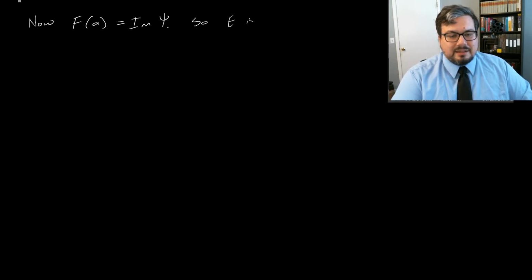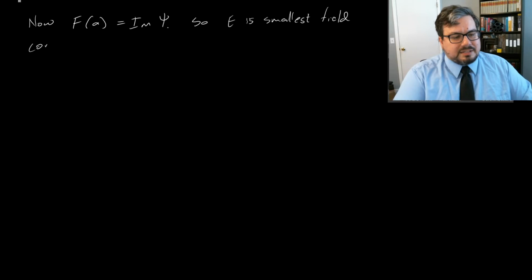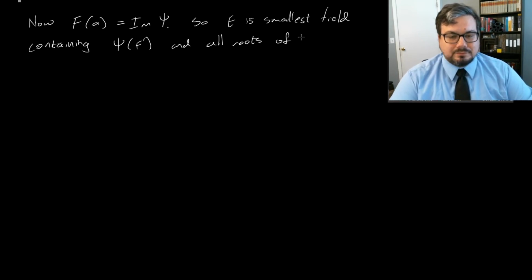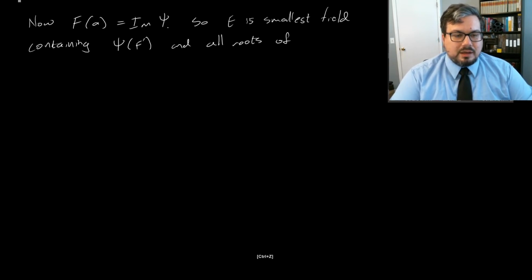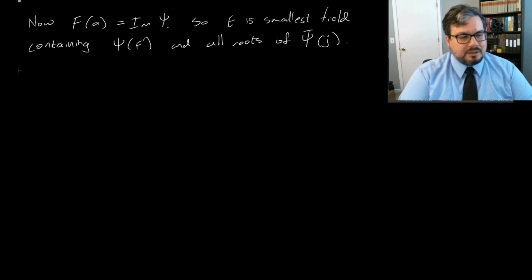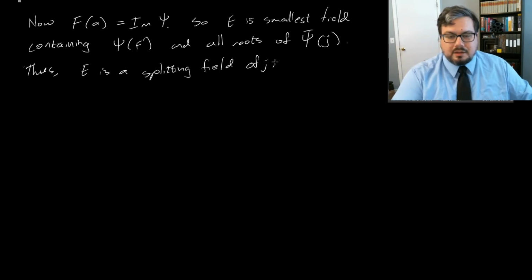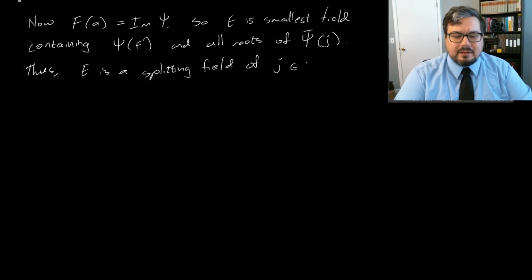So that means that E is the smallest subfield of itself containing the image of psi, or let me write it differently, as psi of F bar and all the roots of psi bar of J. Thus, E is a splitting field of J. And J, just by way of reminder, belongs to the polynomial ring over F prime.